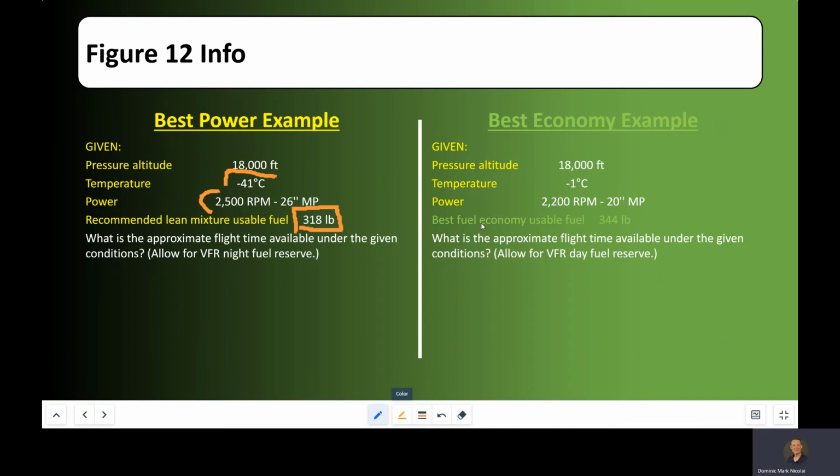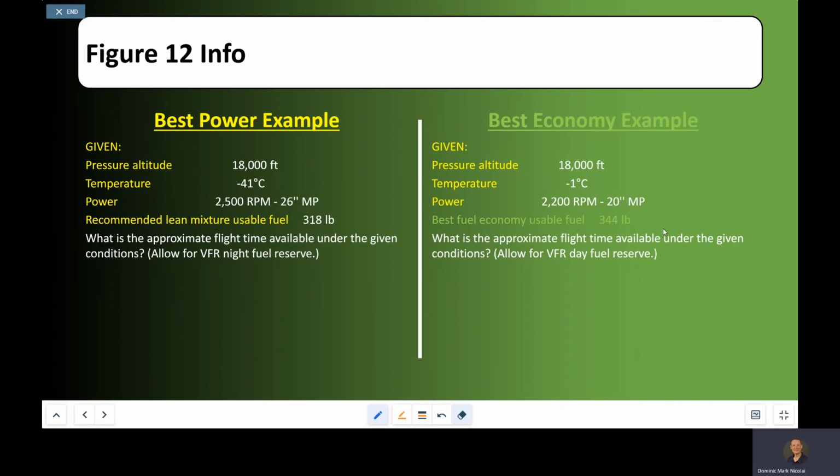We are burning 99 pounds per hour. Now the question tells you that our recommended lean mixture usable fuel is 318 pounds. We have 318 pounds total, and we're burning it at a rate of 99 pounds per hour. So no modification is needed on that.